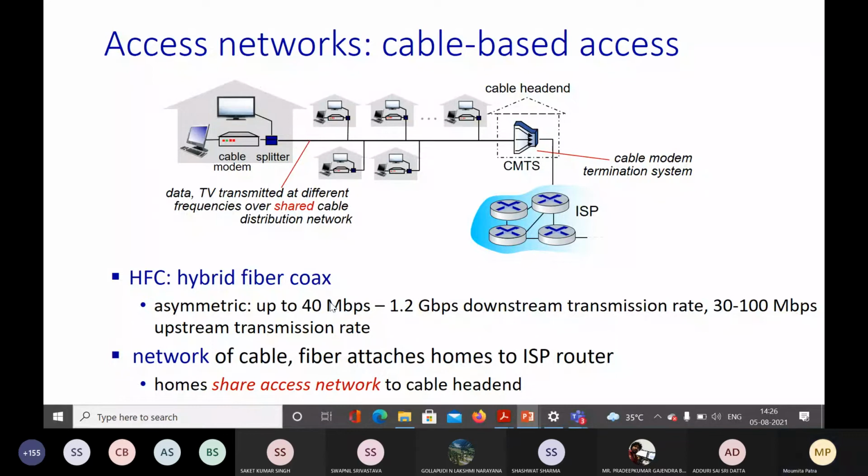Okay, now what is the problem in this scenario? As I was mentioning, there is a single cable that is being accessed by several houses.